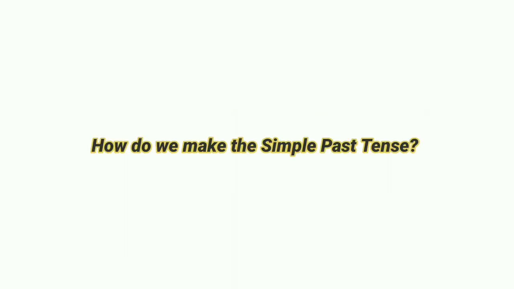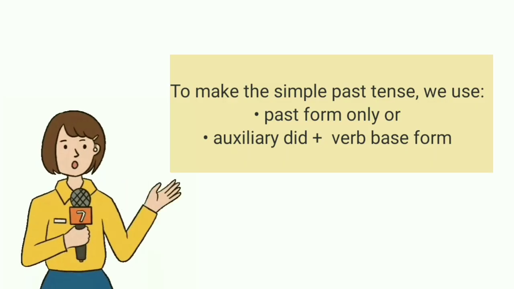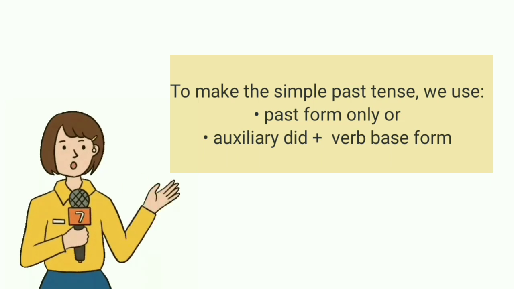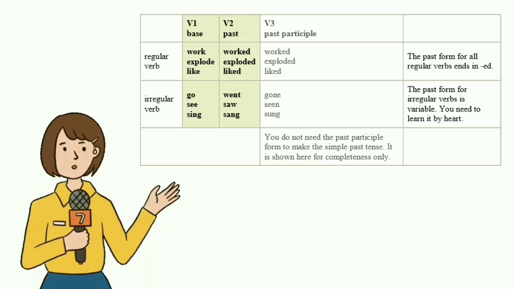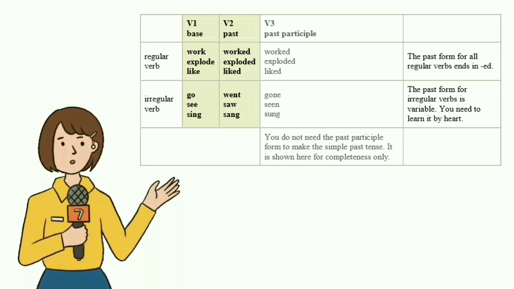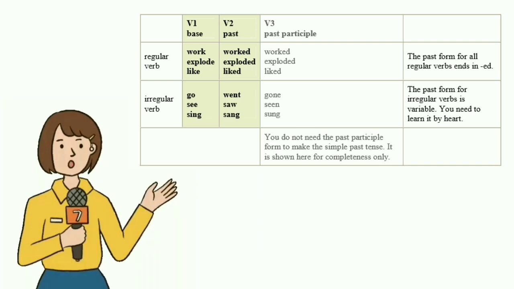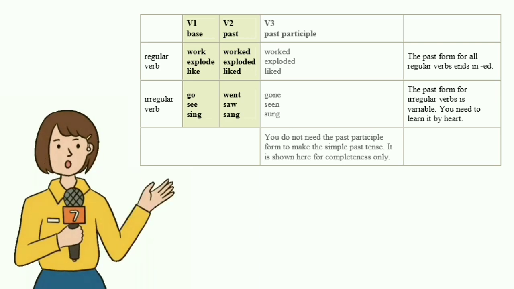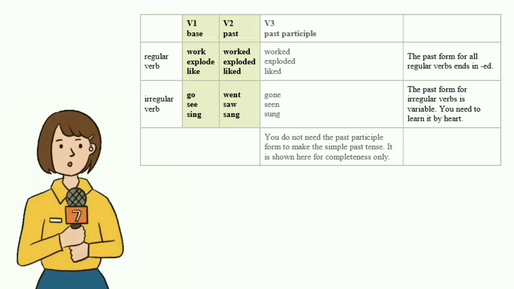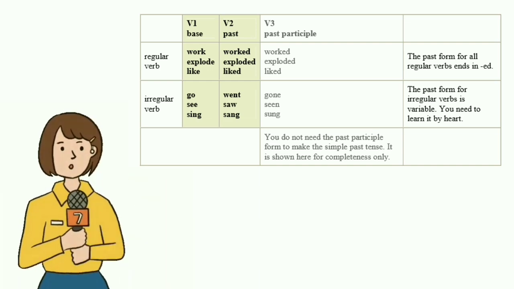How do we make the simple past tense? To make the simple past tense, we use the past form only, or the auxiliary did plus the verb base form. Here, you can see examples of the past form and base form for irregular verbs and regular verbs. In English, there are regular verbs and irregular verbs. And there are also verb 1 or base, verb 2 or past, verb 3 or past participle.